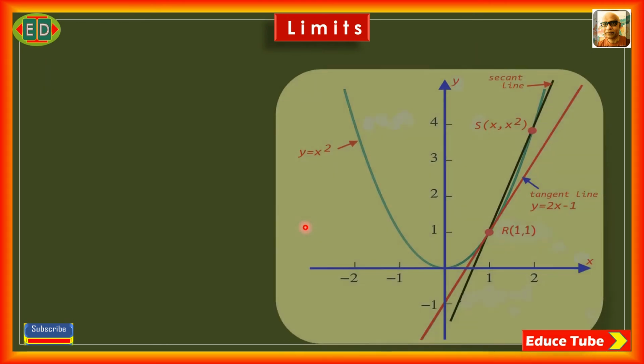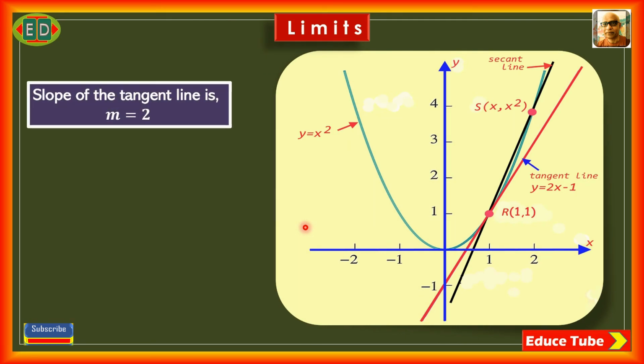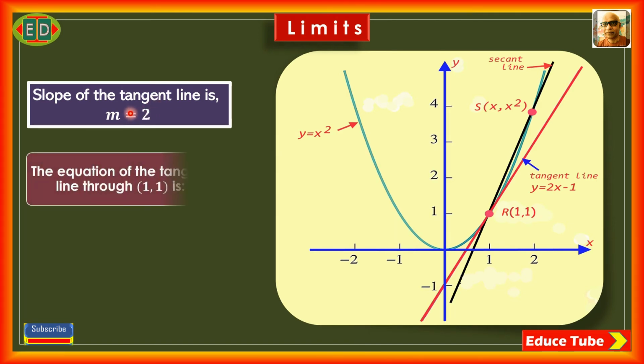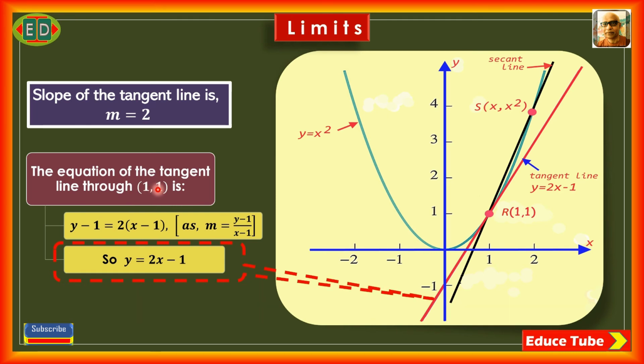I am assuming that the slope of the tangent line is indeed 2, m equal to 2. Already we saw it in previous slides. And if I use the point slope form of the equation of the line to write the equation of the tangent line through 1, 1, then slope m equals y minus 1 divided by x minus 1.